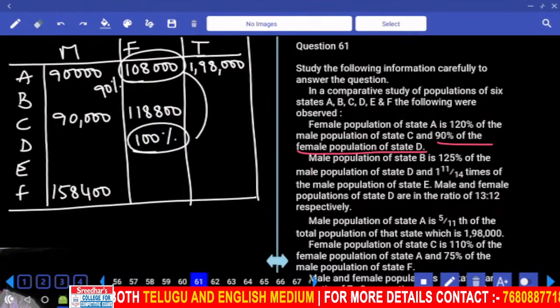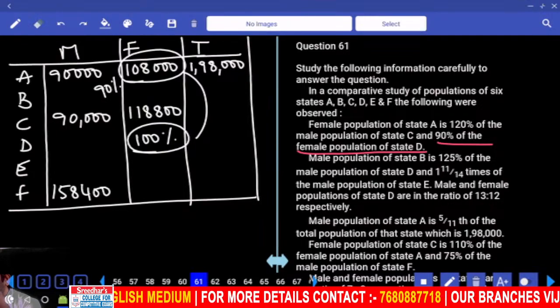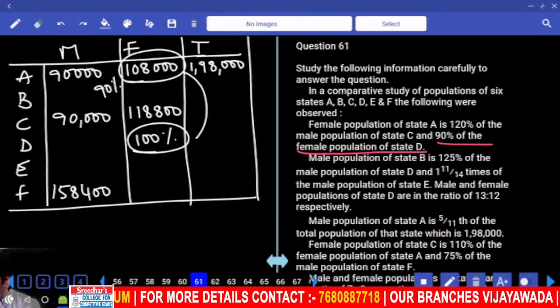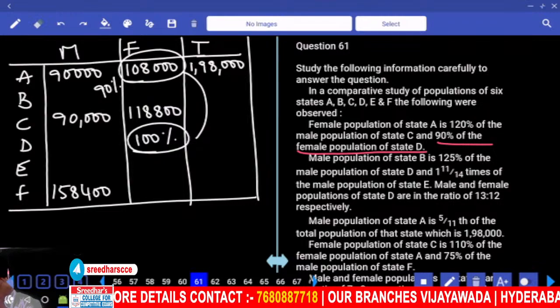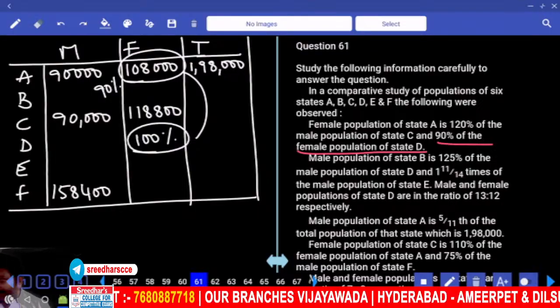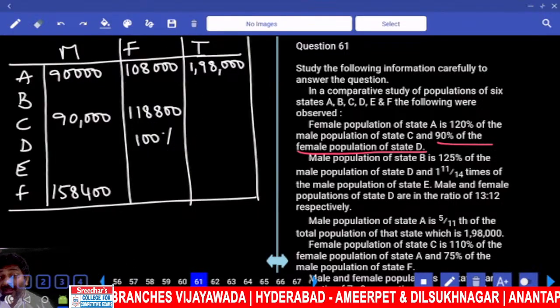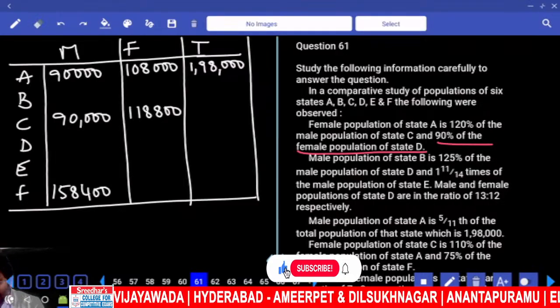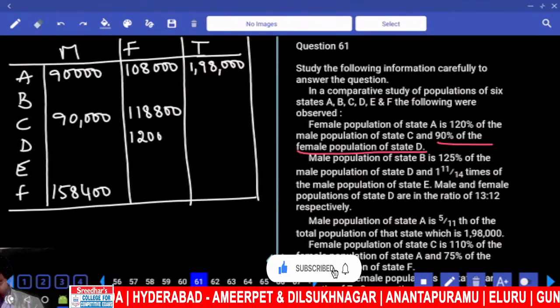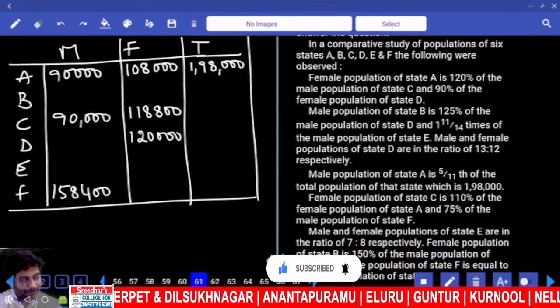If 100% is 120, what is 10% of 120? If you subtract 12 from 120, what do you get? 108. That is 90% only. Satisfied or not? So what is D male population? 1,20,000. Are you okay? Next.